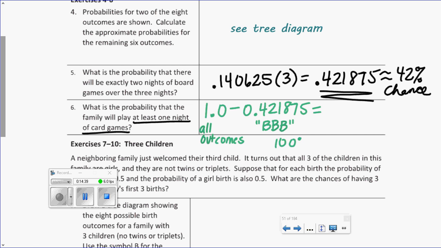You could do 100% minus 42.1875%. Okay, and that leaves us with 0.578125, or approximately 57.8%.